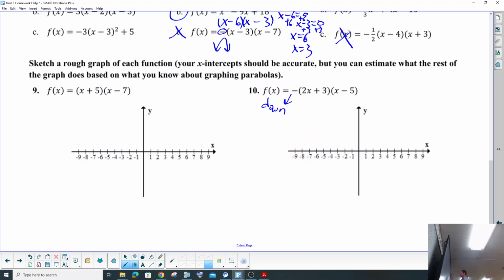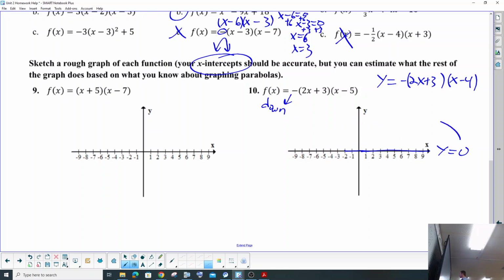So basically what you're doing, think about it this way. So we have y equals negative 2x plus 3, times x minus 5. So we're trying to find the x-intercepts. And so if this is y equals 1, 2, and 3, and this is y equals 0, what should we do?